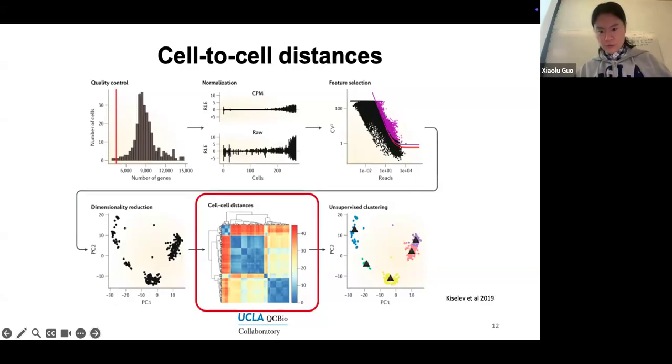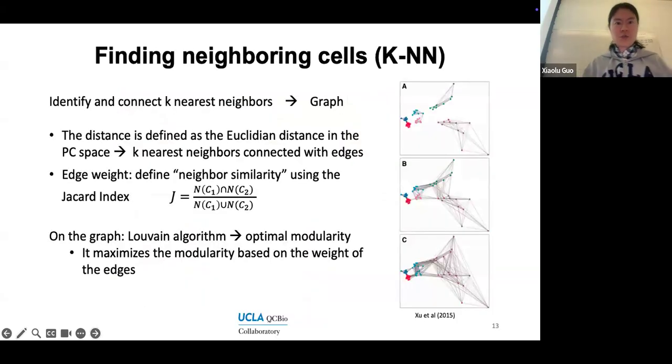For us to do the clustering, we first need to define the cell-cell distance or similarity. How we do that is we can use the k-nearest neighbor approach, that is, identify and connect the k-nearest neighbors, and then it will generate a graph.